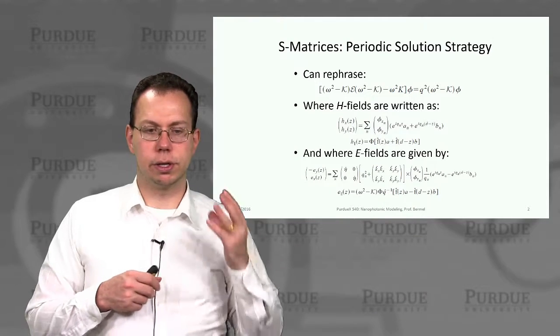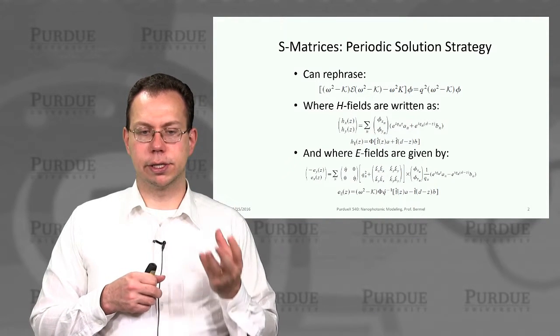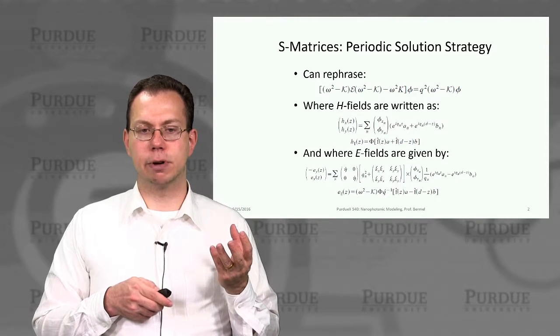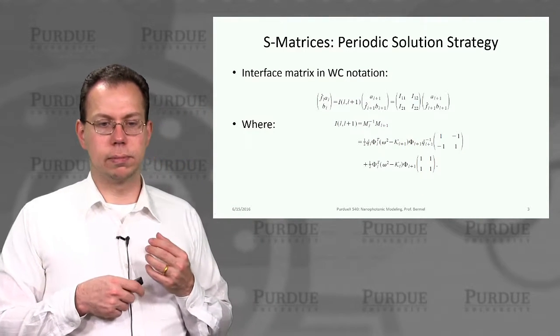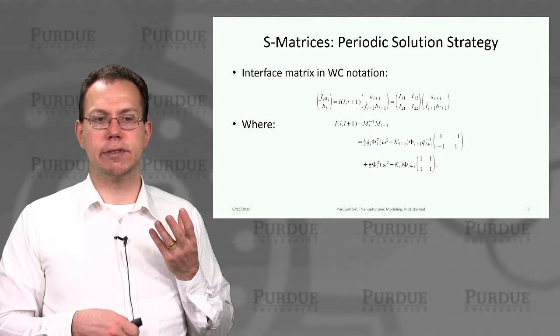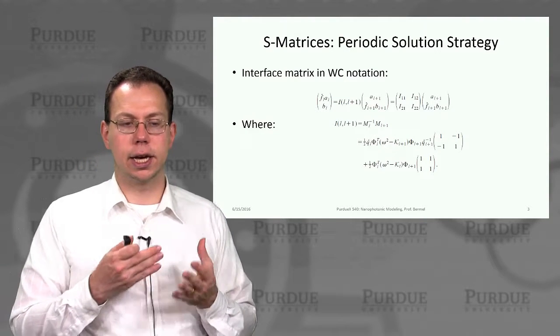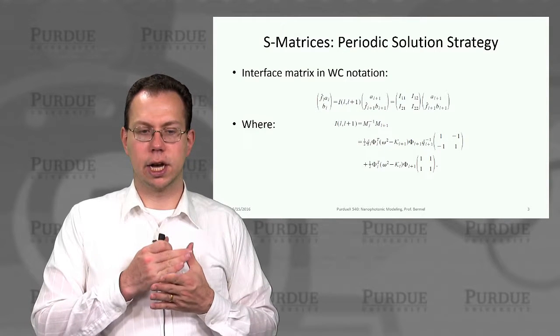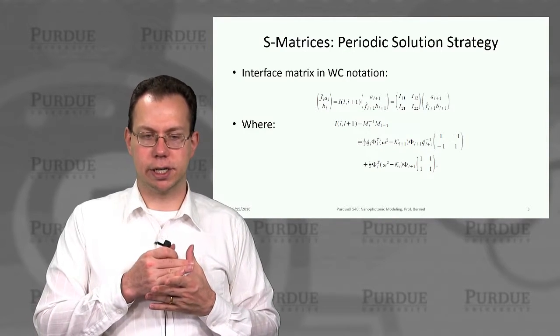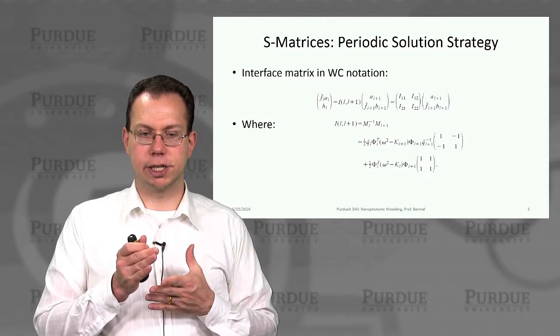So both H and E fields come basically from your solution to this eigenproblem. And then, much like we discussed previously for S matrices, there's an interface matrix for these problems, but we need to extract the A and B coefficients, which I just mentioned.